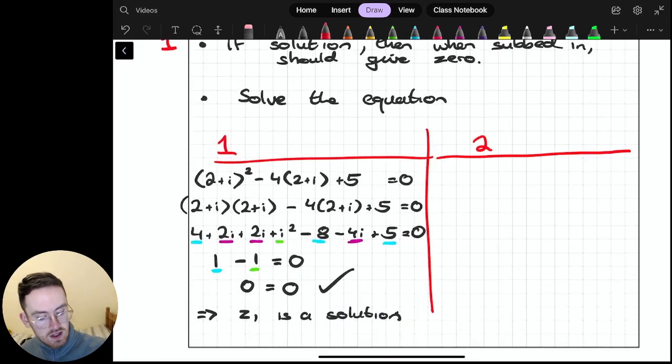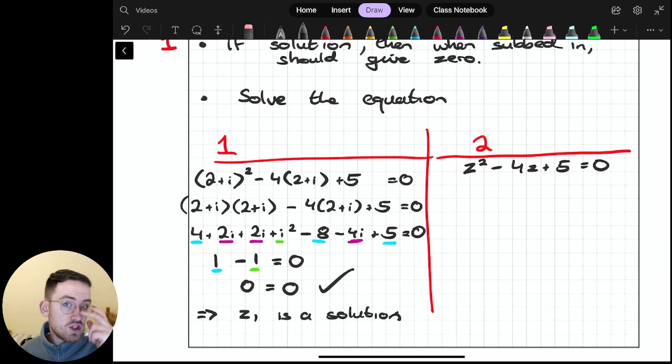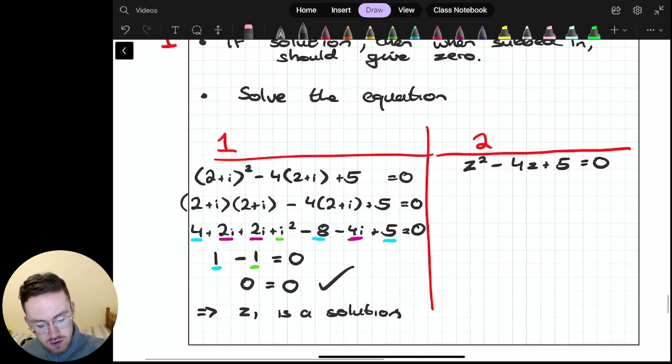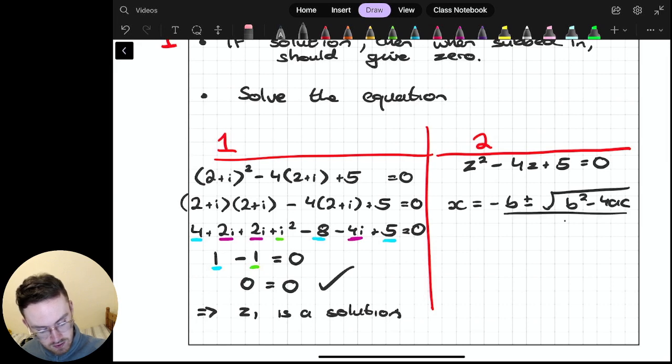The other way I said was to solve the equation. And how do we solve a complex equation? Okay, we need to look at it first and see what sort of question it looks like. And even though we're using z's, we should be able to see that it actually looks the same as a quadratic equation. So to answer it, we're going to use our quadratic formula. Minus b plus or minus the square root of b squared minus 4ac over 2a. For this question, b here is the minus 4, so that becomes 4.